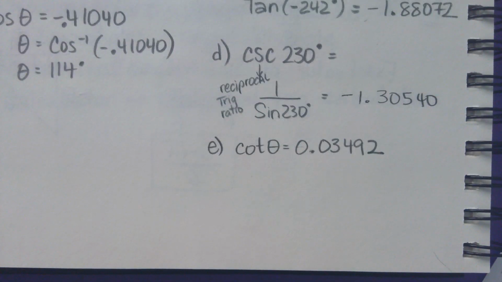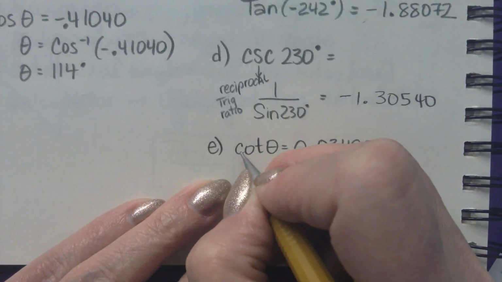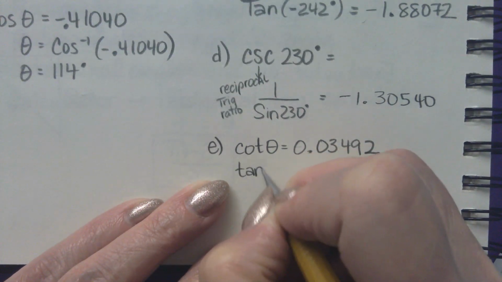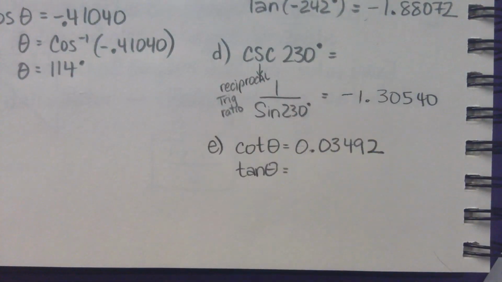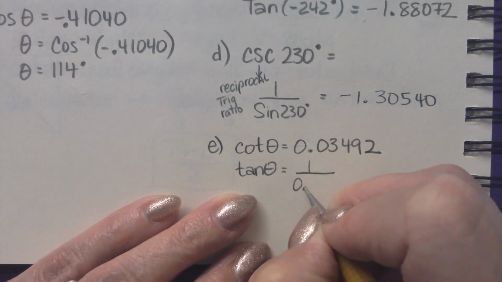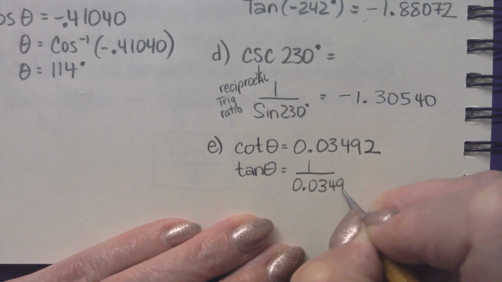They want me to find the angle. So again, I'm going to change this from cotan to its reciprocal one called tan. But you notice I don't flip the angle, I flip my answer. I do the reciprocal of my answer.